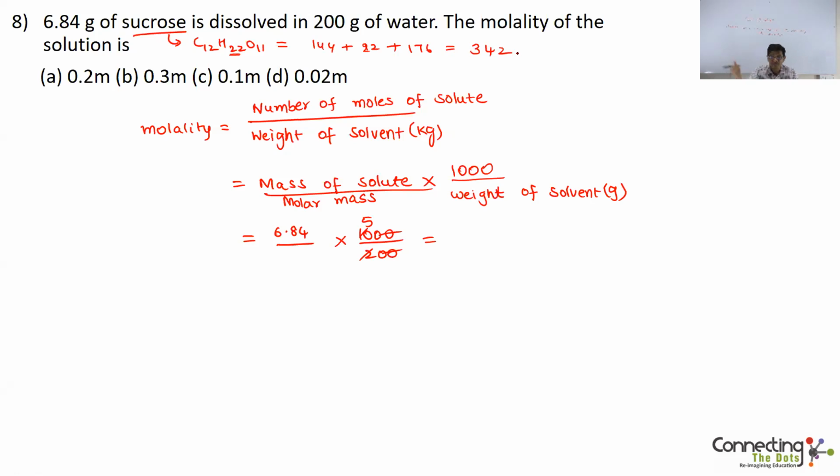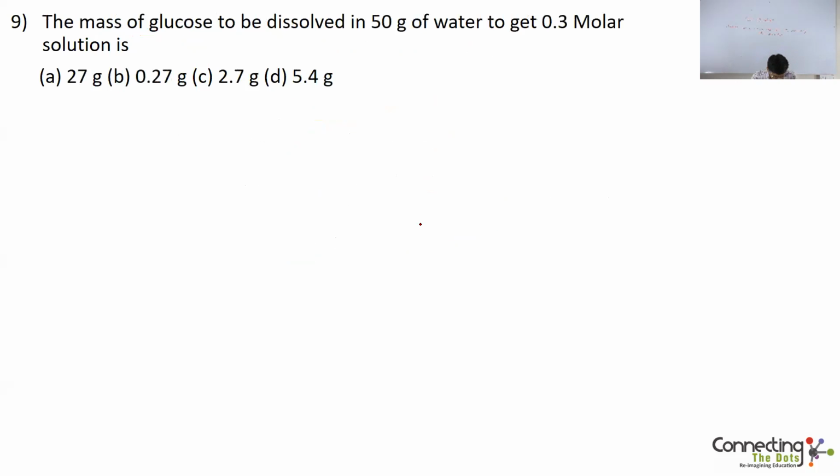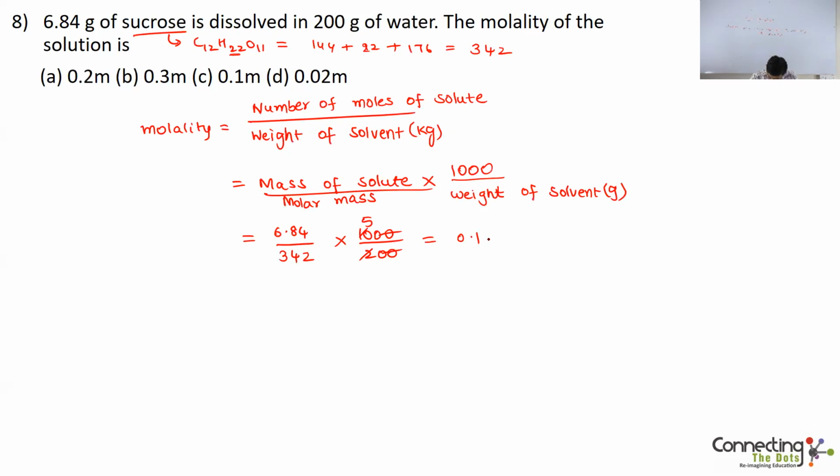So that will be the molar mass of sucrose. So it will be by 342. So now when you calculate it, 6.84 multiplied by 5 is equal to 34.2 divided by 342. So I'm getting 0.1 molal. Molality is denoted by the letter small m. So if you look at the option, C will be the correct answer.